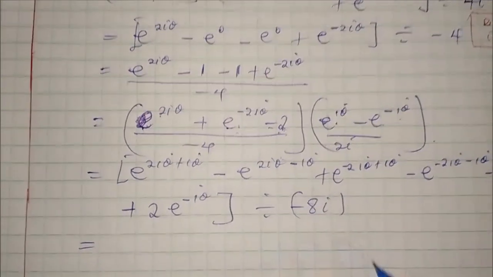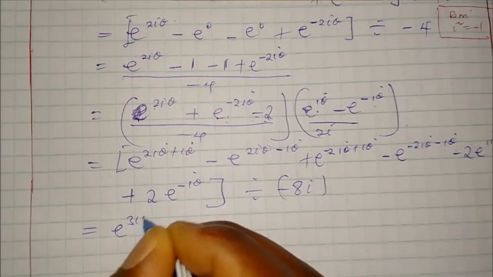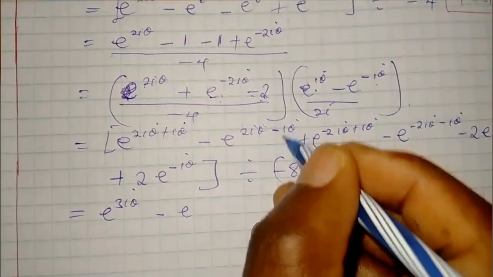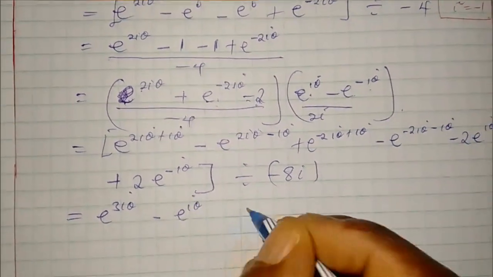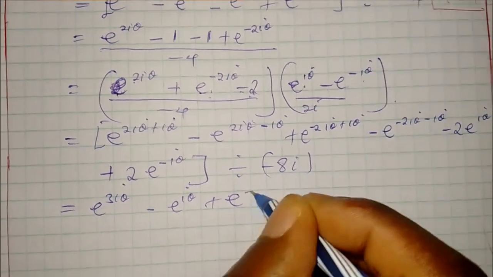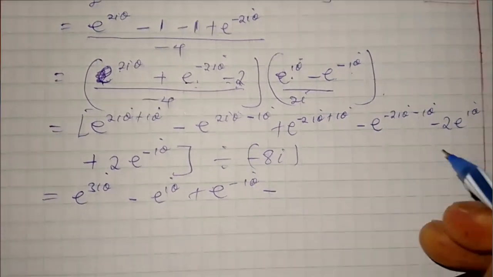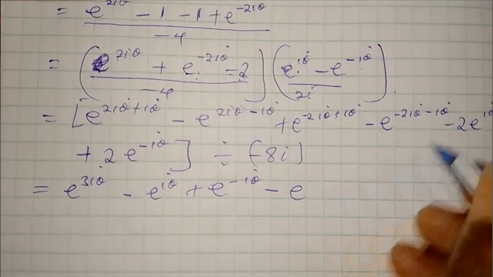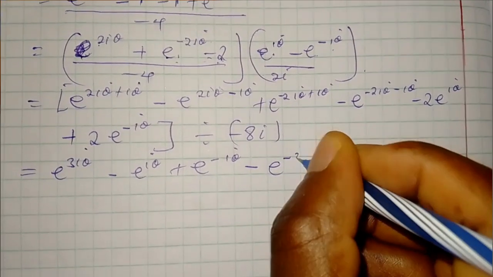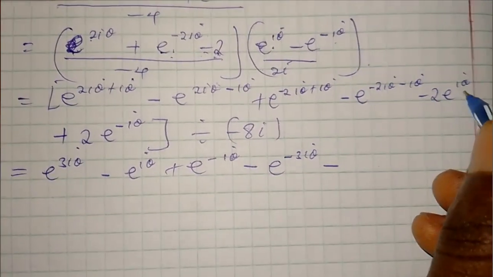Okay, let's simplify. 2iθ plus iθ is e raised power 3iθ, minus, this is e, 2iθ minus iθ is iθ, plus, this is e, negative 2iθ plus iθ is negative iθ, minus 2 e raised power negative 2iθ minus iθ is negative 3iθ, minus 2 e raised power iθ.